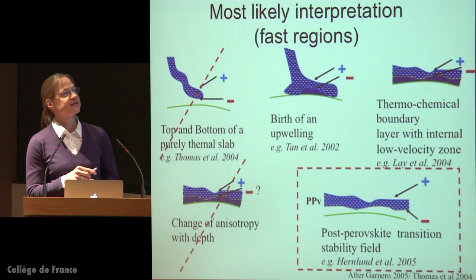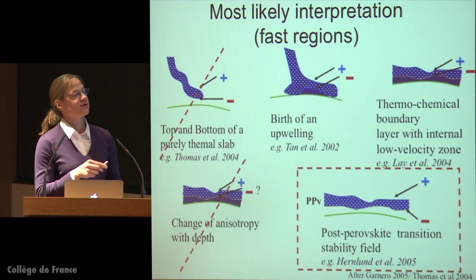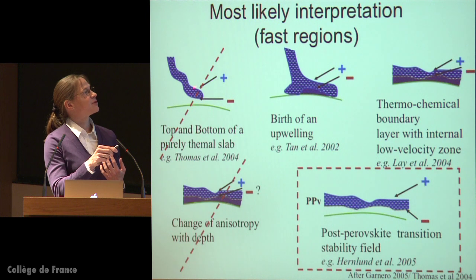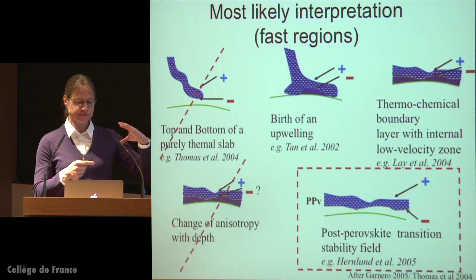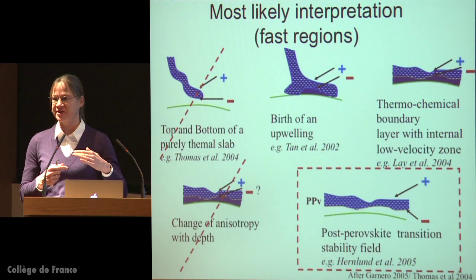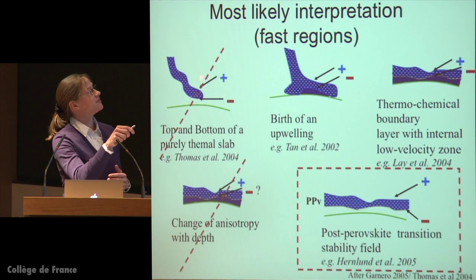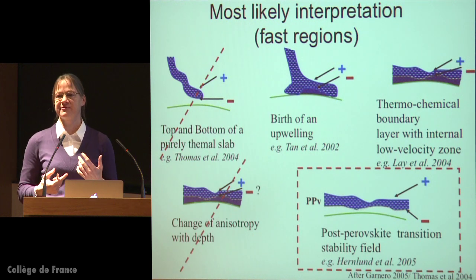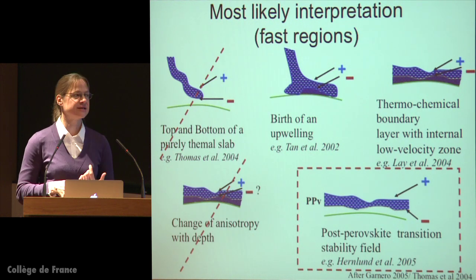So just looking at our possibilities to explain the seismic observations, top and bottom of a purely thermal slab, I think we can rule out, because in this case the reflection would not be visible for short period waves, because the transition from the normal mantle to the cold slab would be so wide that you wouldn't get any reflections in 1 Hertz waves, and we do see them.